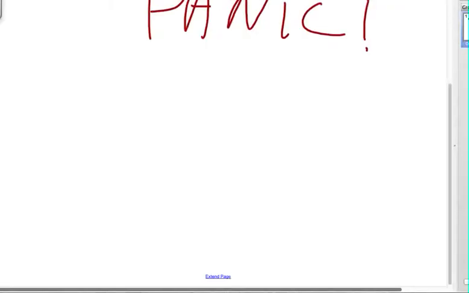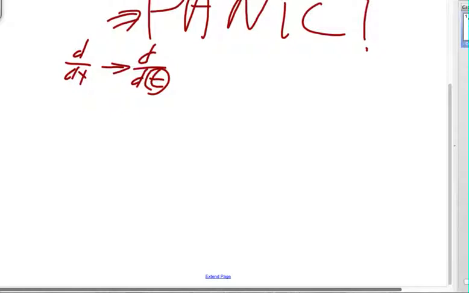We don't need to panic, because all we do is, instead of doing d dx, if we have a t or w or whatever, we just switch them out and now it becomes d dt or d dw or whatever you've got. And that's the variable you're taking the derivative of. Well, okay, we can still go back to panic, but to me, I think this is a much more reasonable approach. And let's deal with an example.